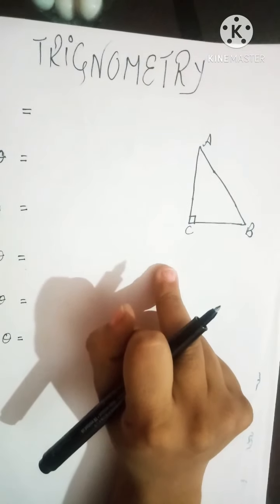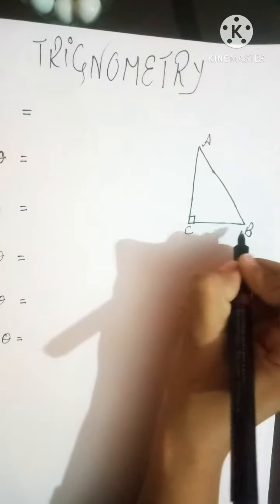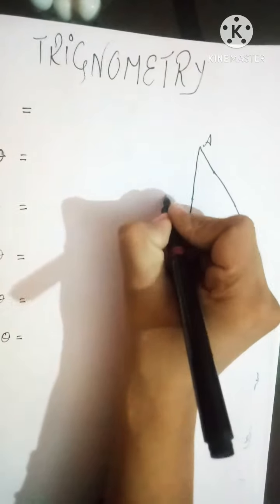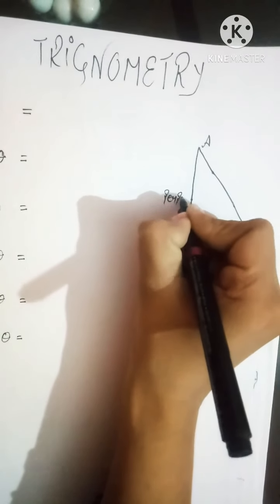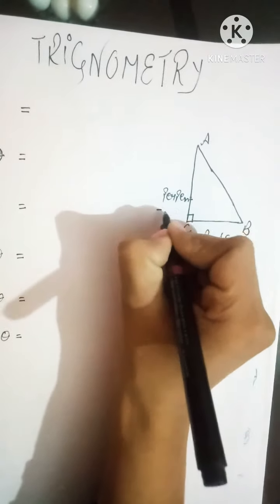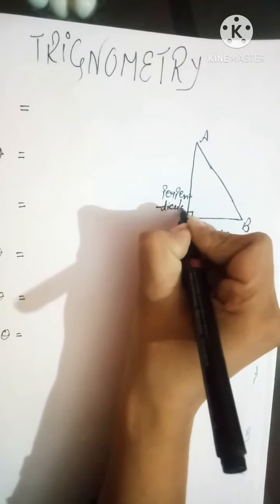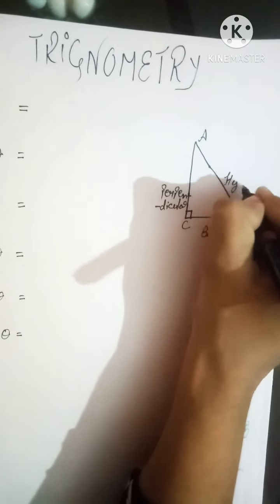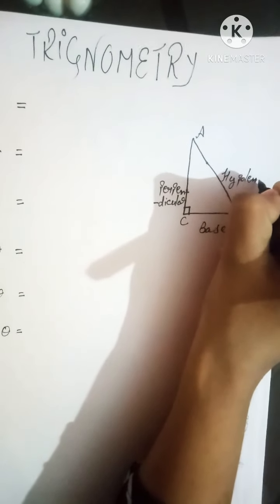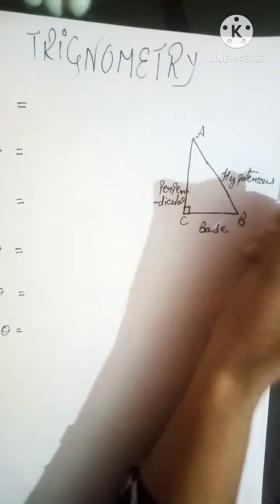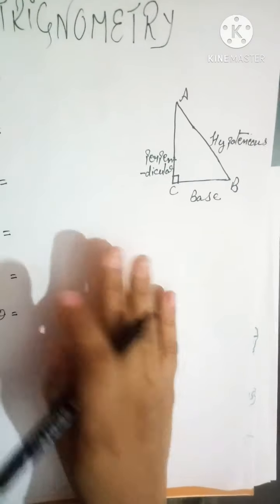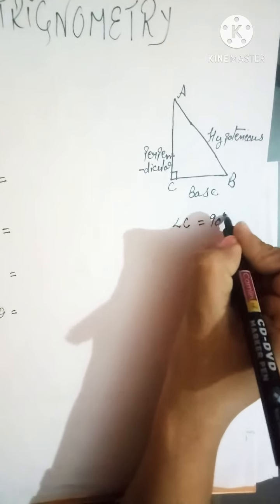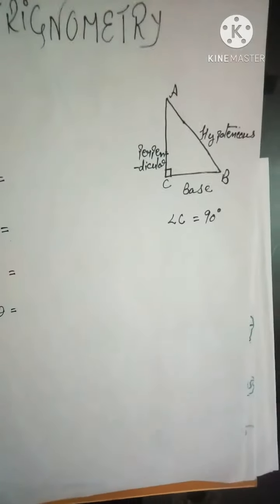In this right angle triangle, we have this line as the base, this is the perpendicular, and the slant line is called the hypotenuse. In a right angle triangle, if the angle C is 90 degrees, then the triangle is called a right angle triangle.